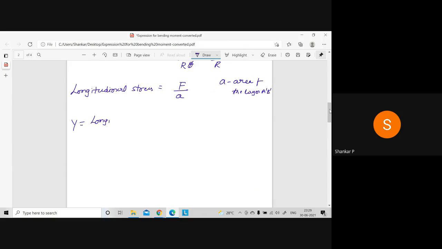Young's modulus is nothing but the ratio of longitudinal stress by longitudinal strain. So substitute longitudinal stress, that is F by A, divided by longitudinal strain, that is small r by capital R, which can be written as F by A into capital R by small r.